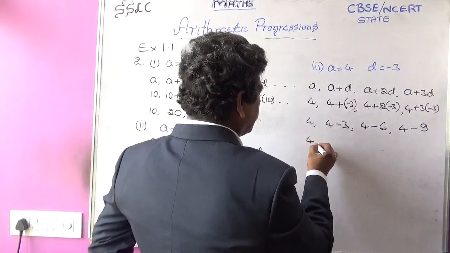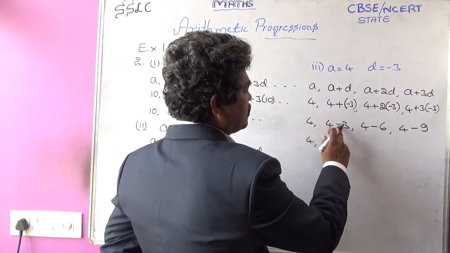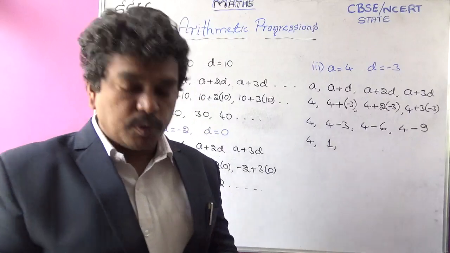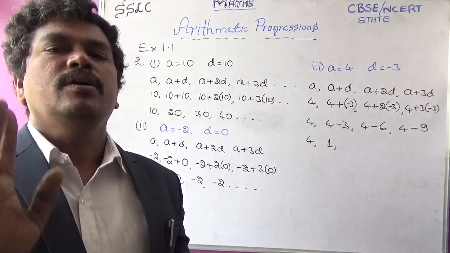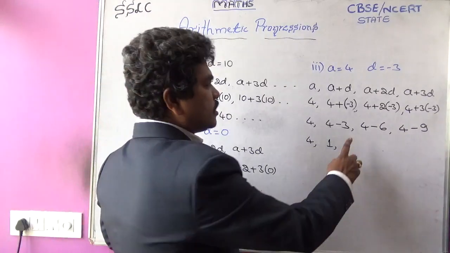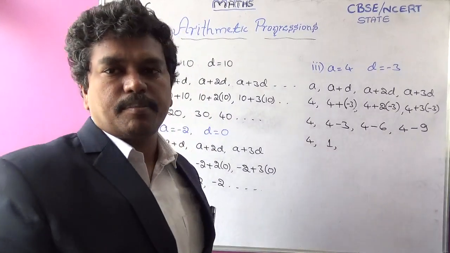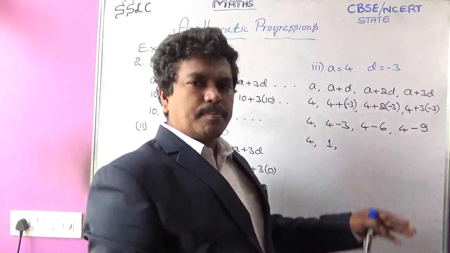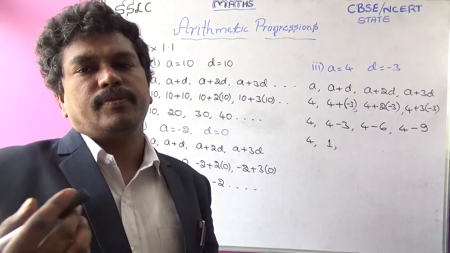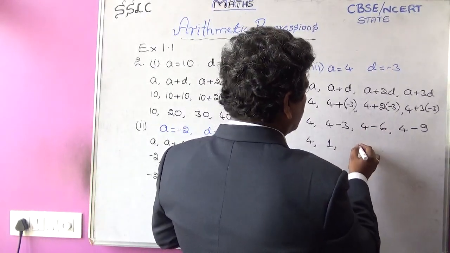So here we write 4 minus 3 is 1, because here it is a plus symbol and a minus symbol. I told you, if there are two numbers having different symbols, you have to subtract them only. Here also, for 4 it is a plus symbol and for 6 it is a minus symbol. Different symbols, so we subtract them: subtract the lesser number from the greater number. So 6 minus 4 gives you 2.